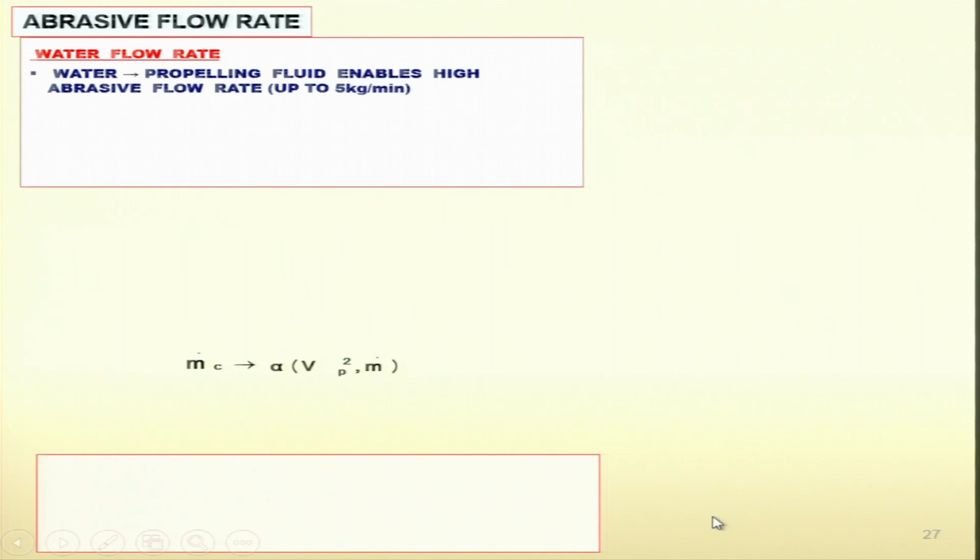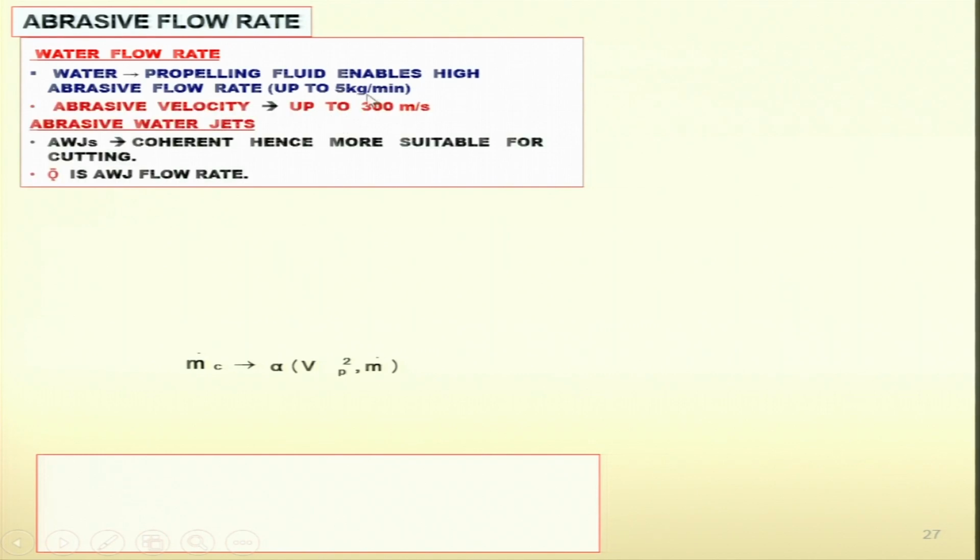Abrasive flow rate, water flow rate, water propelling fluid enables high abrasive flow rate up to 5 kg per minute. Abrasive velocity can normally be 300 meters per second. Please note, this is the abrasive velocity, not water jet velocity.